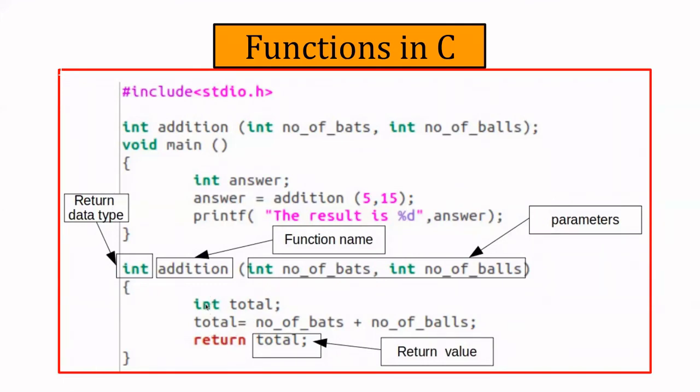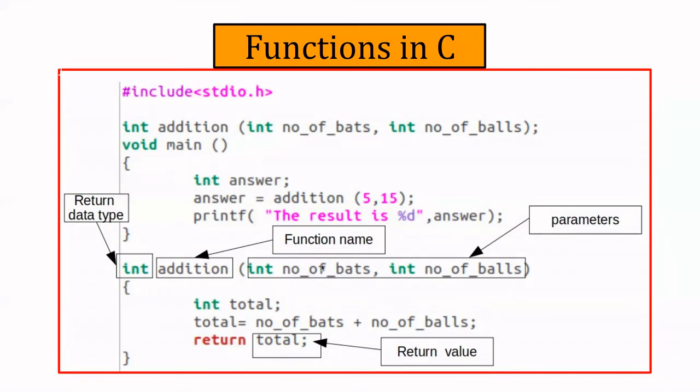We call it the scope of the variable. The scope of the variable total is within the function. The scope of the variable answer is within the main function.